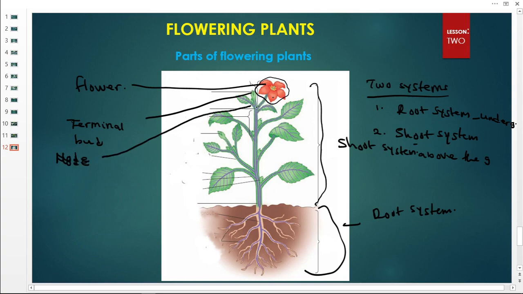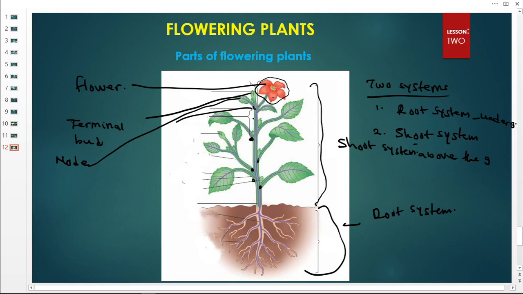A node is a part on a stem where a leaf attaches. So where this leaf is attaching to the stem, that point of attachment is called a node. Then also this one is a node, a node, a node, a node.